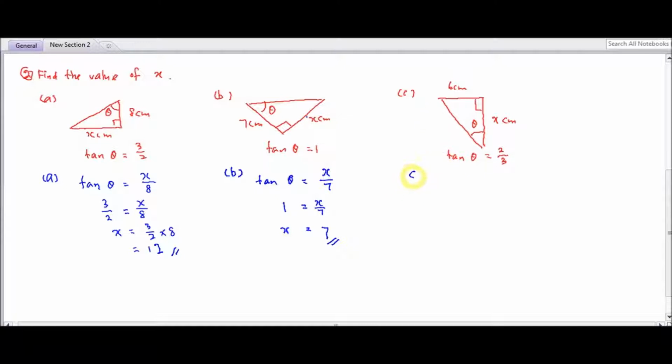However, C, same thing. The method we solve is the same. Tangent theta, TOA, 6 over x. Given by the question, tangent theta is 2 over 3, equal to 6 over x. We just use cross multiplication. 18 is equal to 2x. x is equal to 18 divided by 2. You get 9.